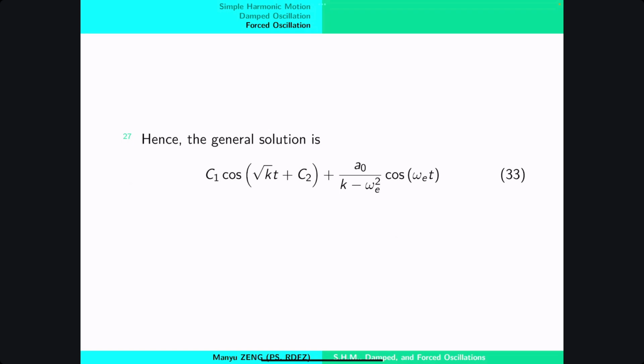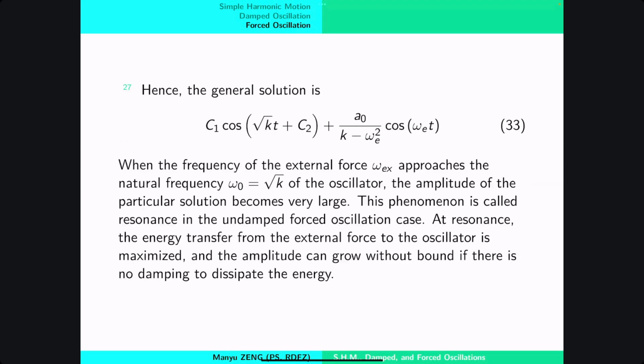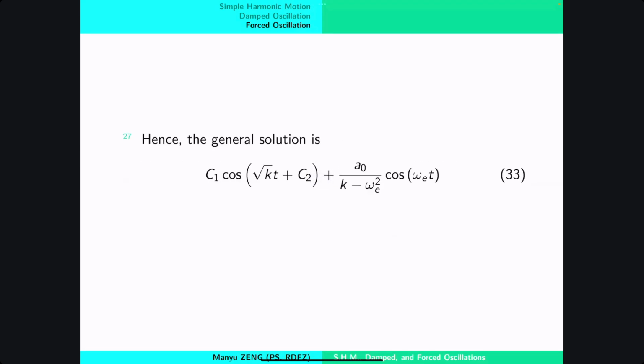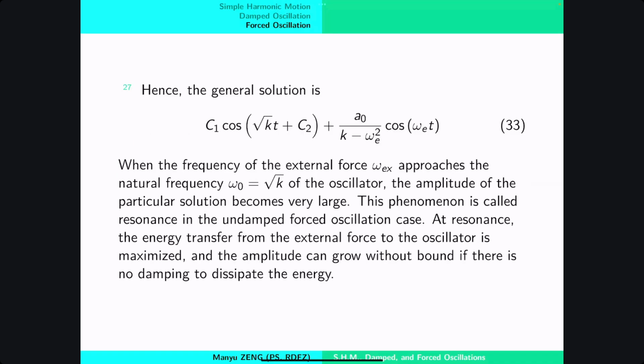And we must note that now we must explain when the denominator becomes zero, we will observe something very special, that the amplitude becomes infinity. So if the right hand side becomes amplitude infinity, the right term dominates the left. So the overall amplitude is also infinity.